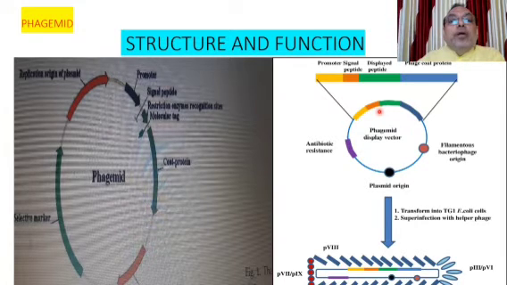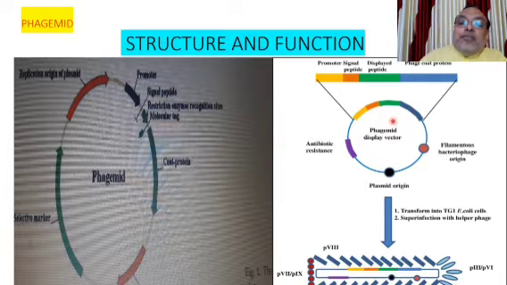So how will the assemblage of the bacteriophage take place? When there is no gene for the coat protein, then how would the virus assemble itself? Any guess?